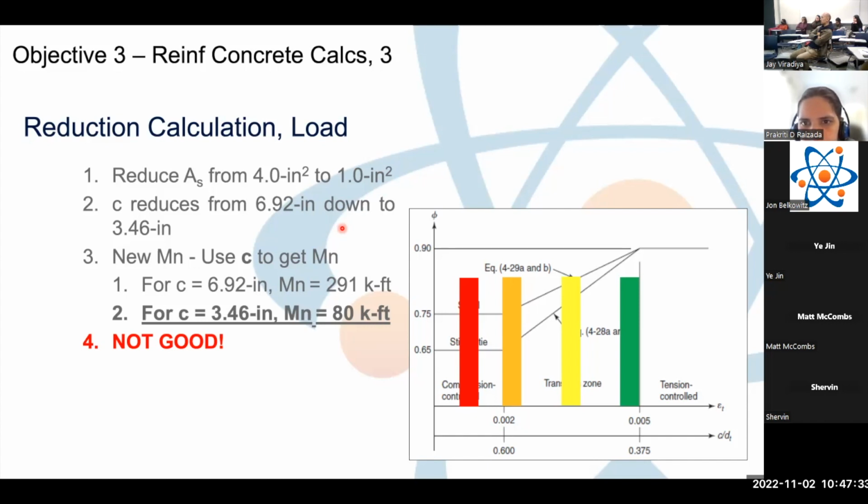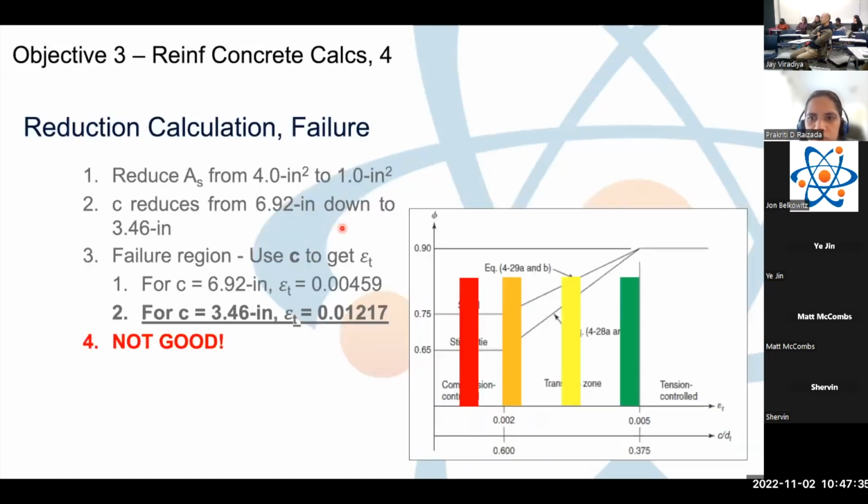But remember, I could deal with that. What I can't deal with is that our failure zone changes dramatically. When we lose 75% of our steel and we lose that balance, that stability, it's not the load that is the concern, it's the failure region.